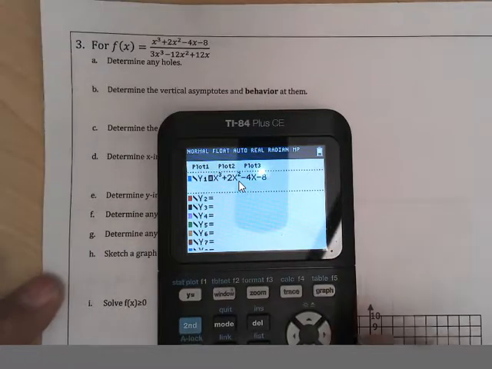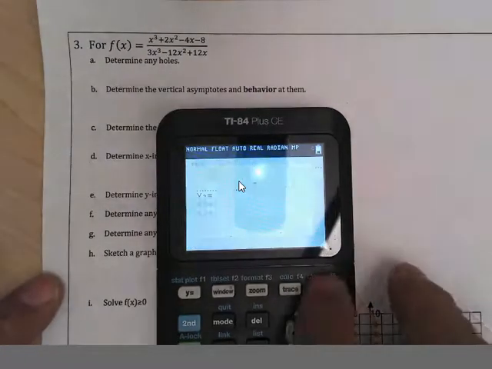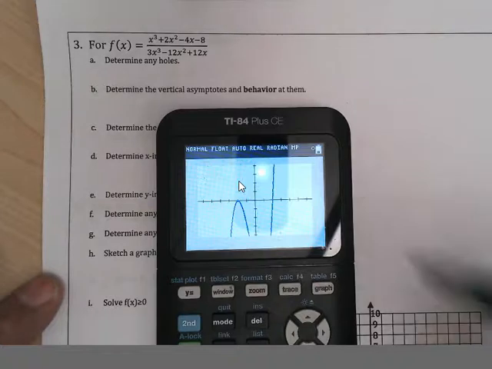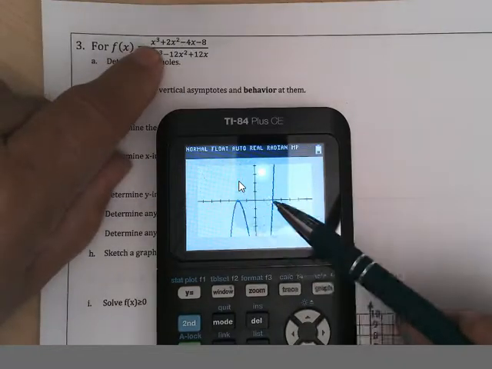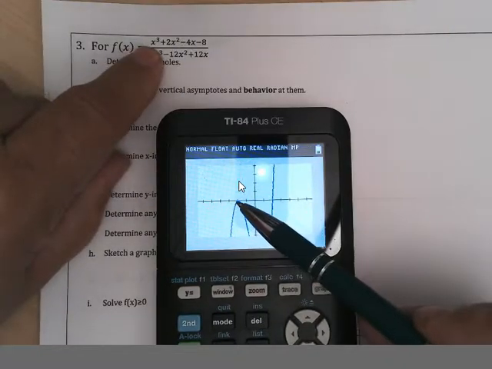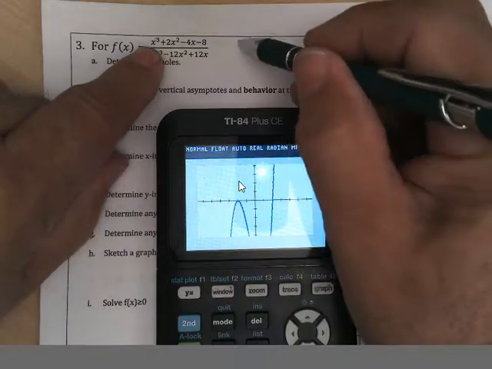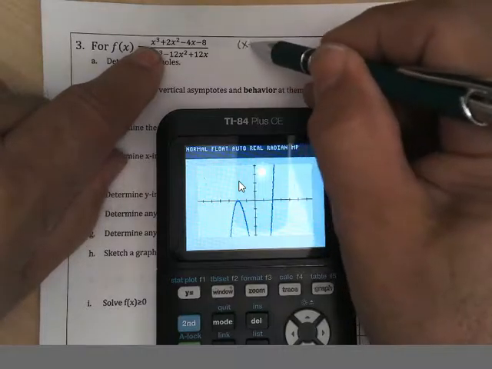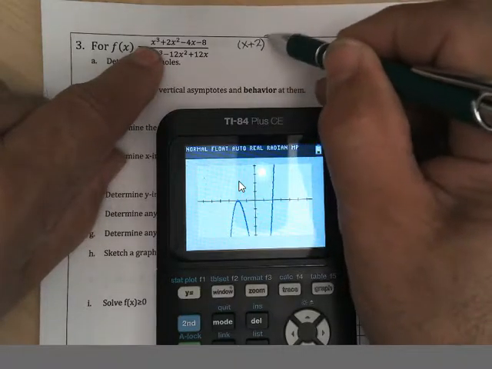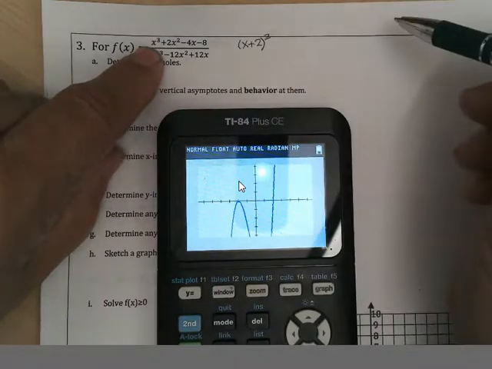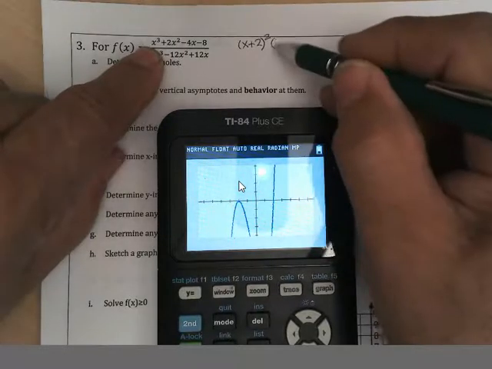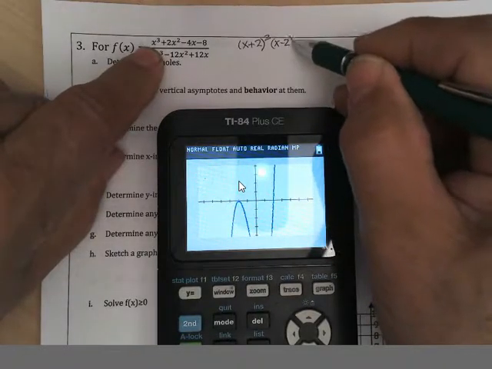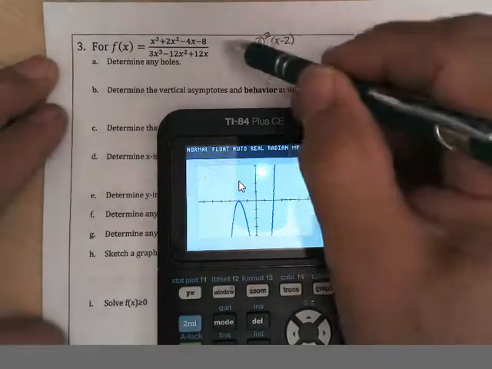And you can do this on Desmos or on the graphing calculator. And I should have 3 zeros, and it looks like I see all three. There's a double at minus 2, so that means x plus 2 is a factor twice. And it goes through plus 2, so that means x minus 2 is a factor. That's the numerator factored.